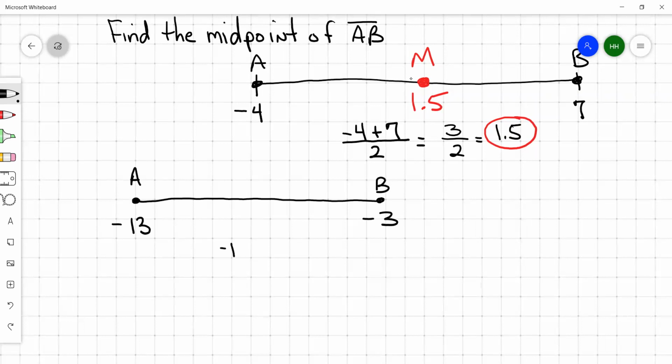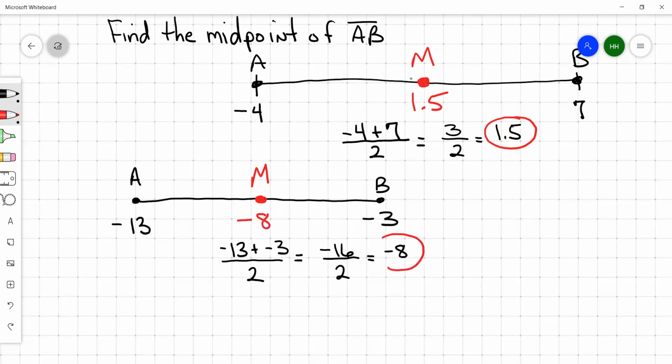You take negative 13, add it to negative 3, and divide that by 2. Negative 13 plus negative 3 is negative 16, and negative 16 divided by 2 is negative 8. So the midpoint of this segment is going to be at negative 8.